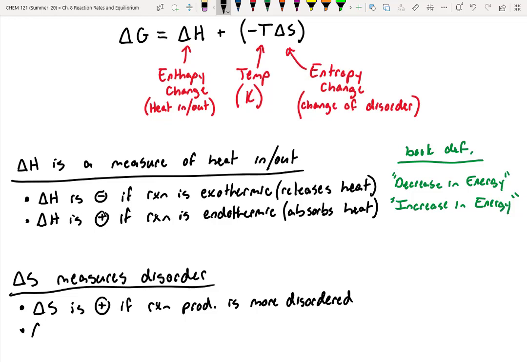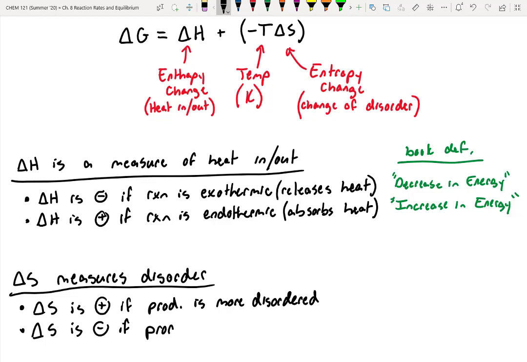All right, and then the opposite is true, where delta S is negative if the product, because like I said, it doesn't need to always be a reaction, it could be something as simple as a phase change, is less disordered.